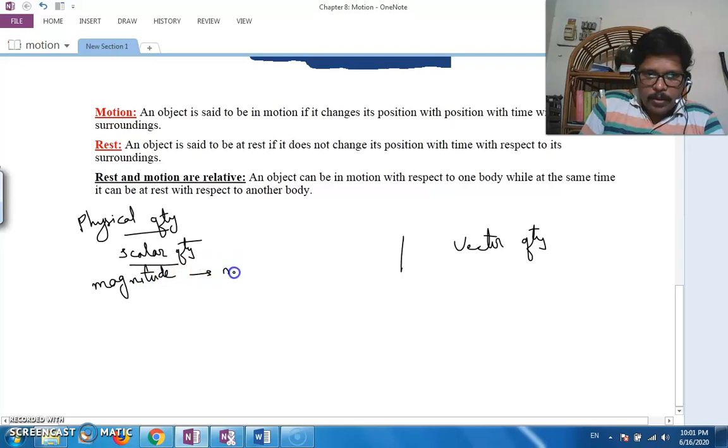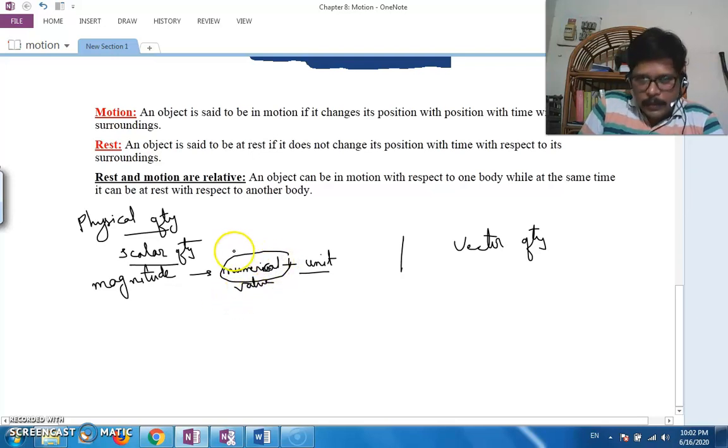Magnitude in the sense you will have the numerical value of that physical quantity along with the unit. Generally we consider magnitude as the numerical value, but since it's a physical quantity, the numerical value plus the unit together is sufficient for describing that quantity.